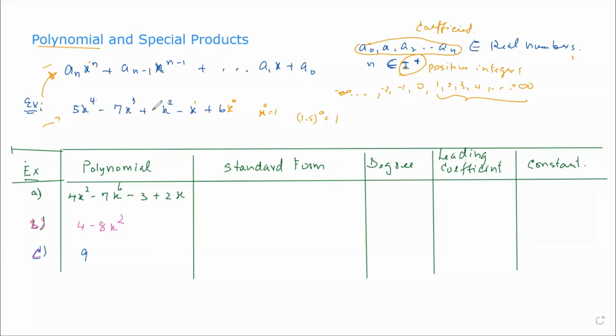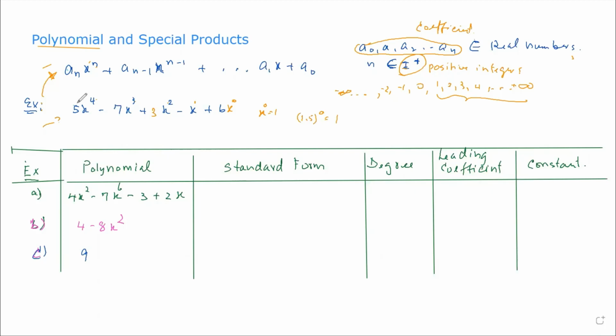The coefficient of x power 1 is -1 here, and the coefficient of x power 0 is 6. Because x power 0 equals 1, sometimes the number 6 we call a constant.